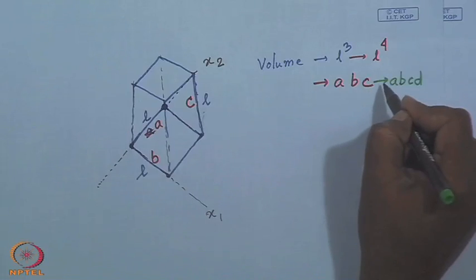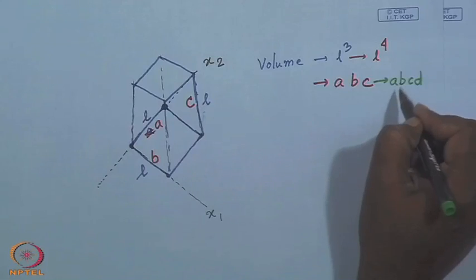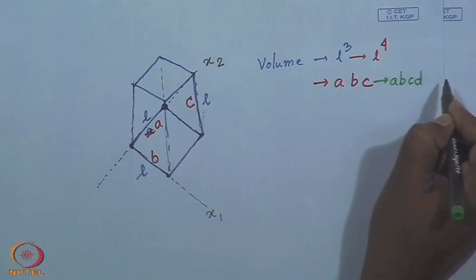And if the amount of drag is E in the 5th dimension, the volume of the hyperparallelogram that I get in 5 dimensions will be A, B, C, D times E, where E is the amount of drag in the 5th dimension. And this concept I can go on extending to multiple dimensions.